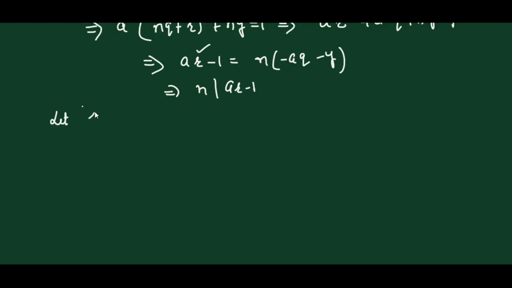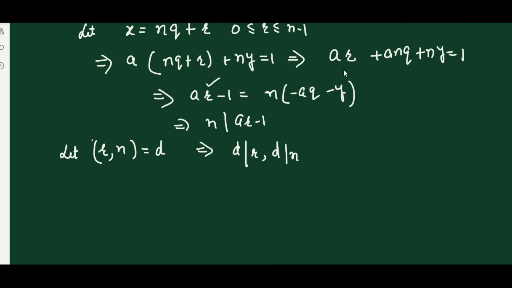So let us consider the GCD of r and n to be d. This implies d divides r and d divides n. If you focus on this equation, d divides r and d divides n. Therefore d will divide any multiple of r and any multiple of n. It means d will divide the whole left hand side of this equation.